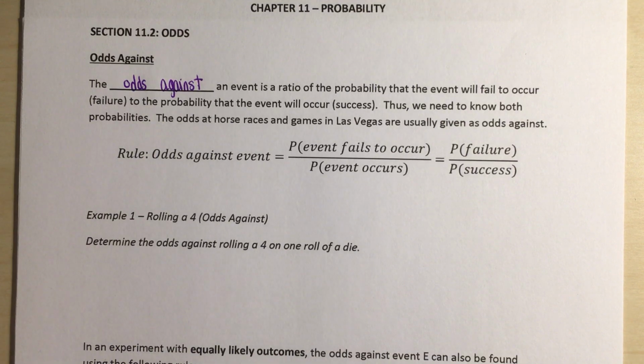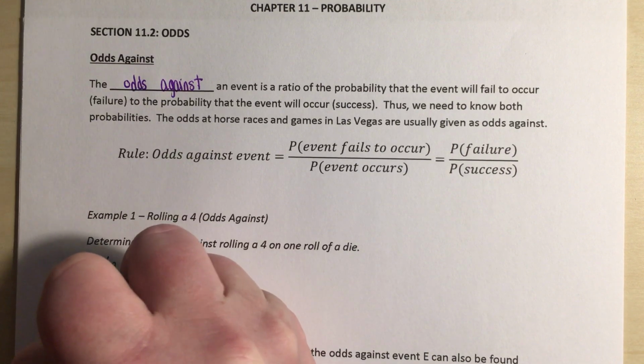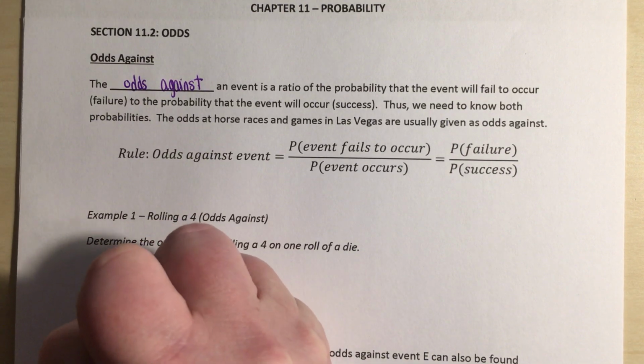All right, so what we're going to do here is work through this first one the long way, and then we'll get a shortcut. Determine the odds against rolling a 4 on one roll of a die. First we're going to look for our probability of rolling a 4.